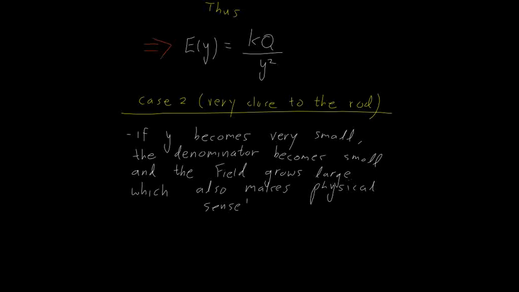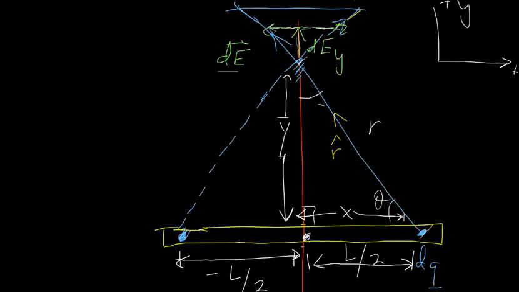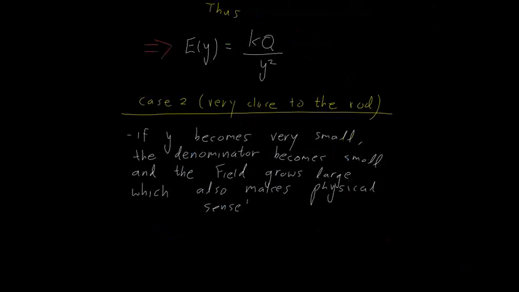So if y becomes very small, the denominator becomes small. So that vertical distance y is collapsing. Think of the entire vertical distance starting to get smaller, smaller, smaller, infinitesimally. So if y is getting incredibly small, the denominator becomes small, right? And if y is becoming small, then the electric field starts to get very big.